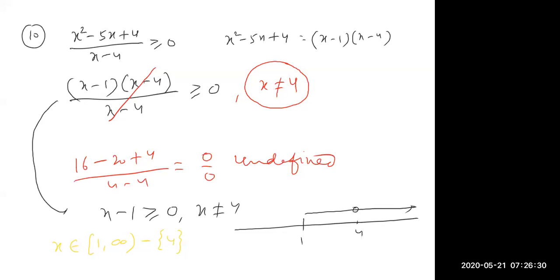See, one more question I'm asking, a very simple problem of this type. A similar problem. If I ask you, x minus 1 upon x minus 2 is equal to 2 minus 1 upon x minus 2.